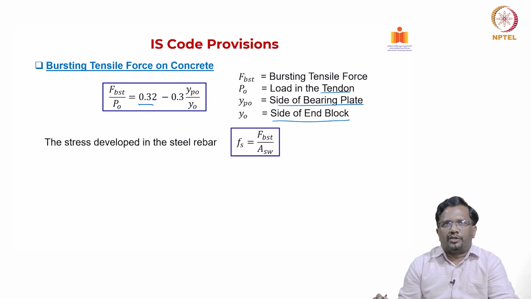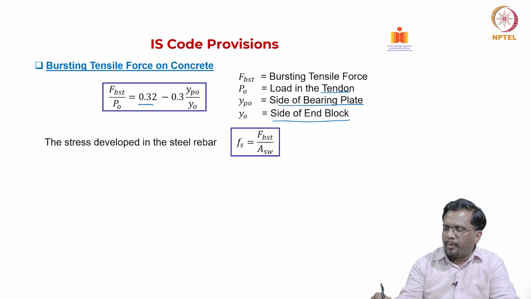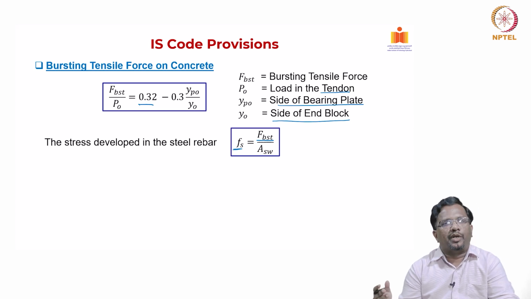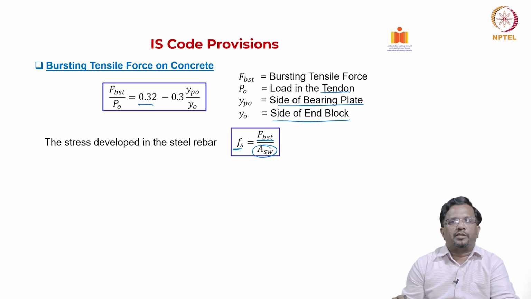Now I know the force Fbst, and that has to be resisted by some stress in the steel times the area of the steel. So, if I assume Fs to be 0.87 fy, which is the yielding stress, then I can quickly calculate the area of steel required.